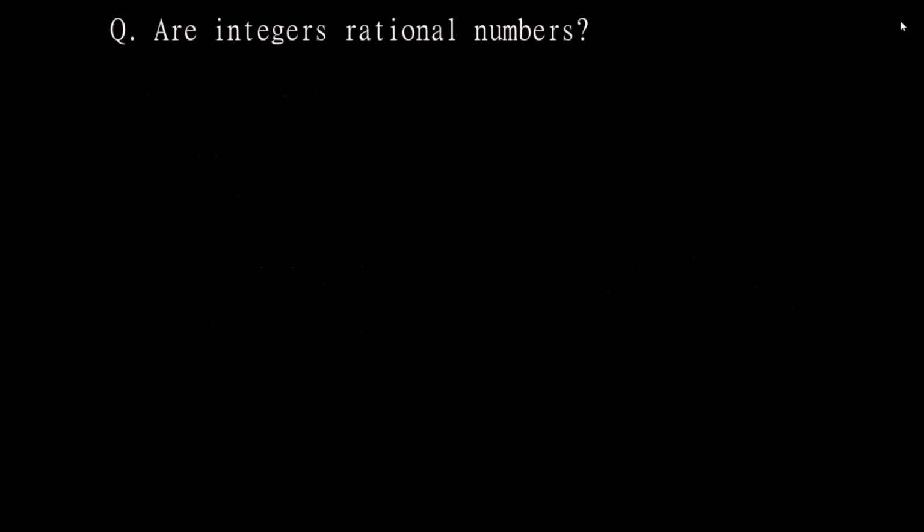Okay. Now let's see one more question. Are integers rational numbers? What we have seen is that we have included numbers of the form a by b with integers and we got rational numbers. So can we write integers as rational numbers?